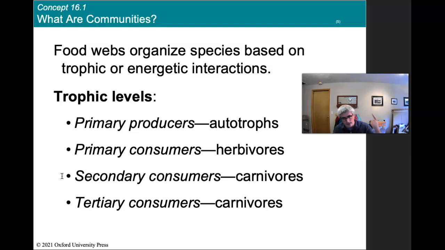So there we'd have phytoplankton as our primary producers, zooplankton as our primary consumers. We'd have herring as our secondary consumers. We'd have salmon as our tertiary consumers. And we'd have stellar sea lions as our fourth consumer, and then our fifth level consumer being a great white or perhaps an orca whale. So you can do that in the marine environment.